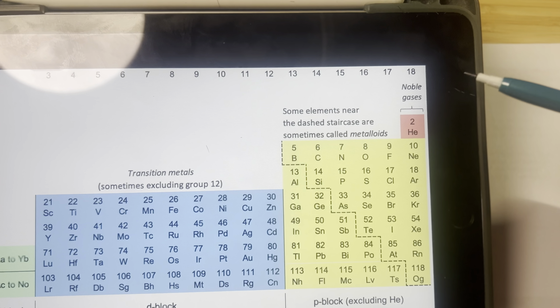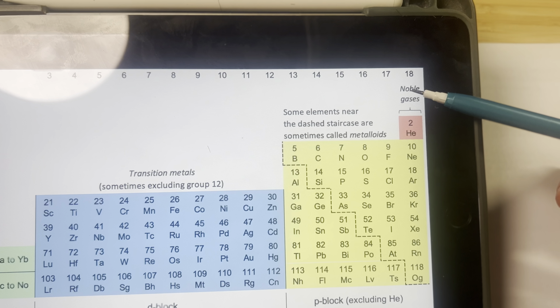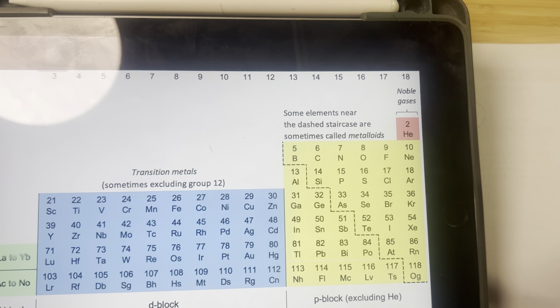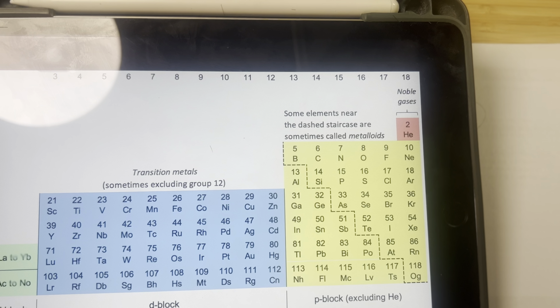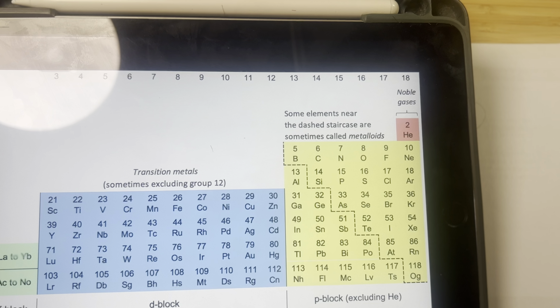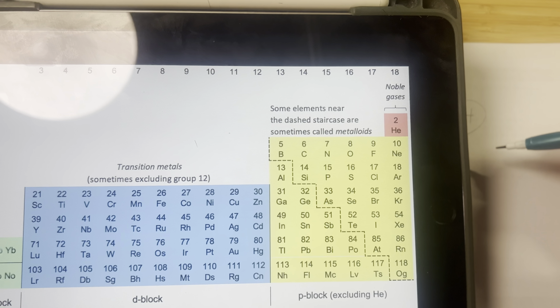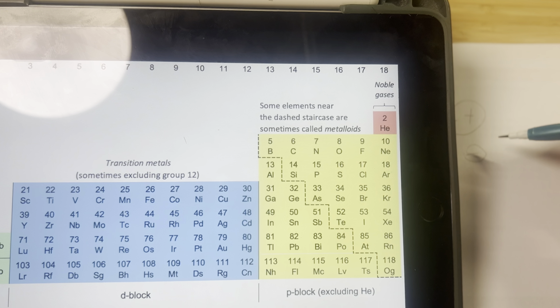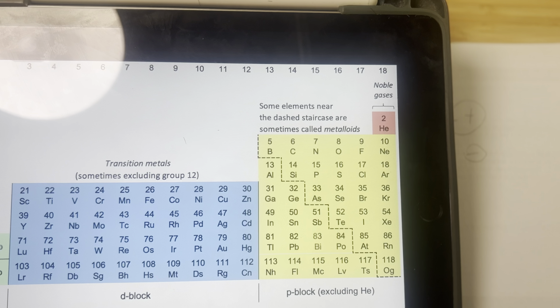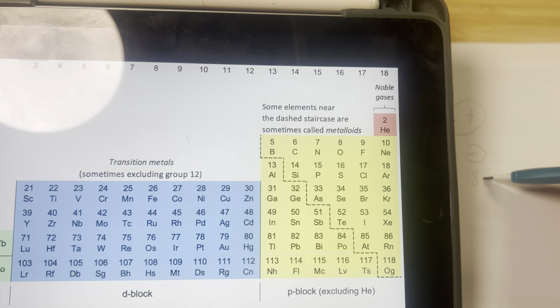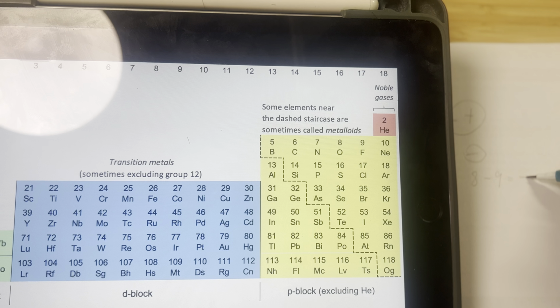For group 18, these are noble gases. They are not involved in reactions at A-level, so they hardly have an oxidation state. The group 9 always has a negative 1 charge. You can think that there are always 8 electrons in the outer shell, and 8 minus 9 equals negative 1.